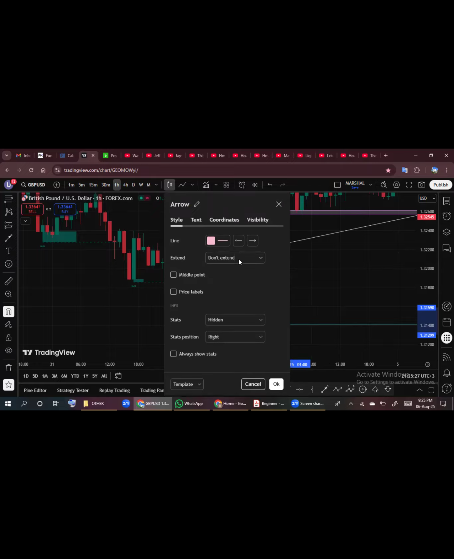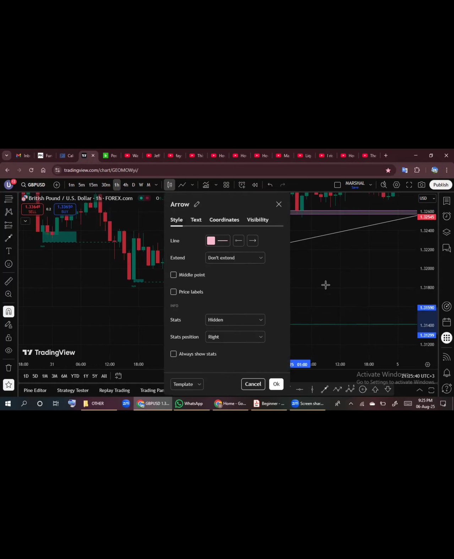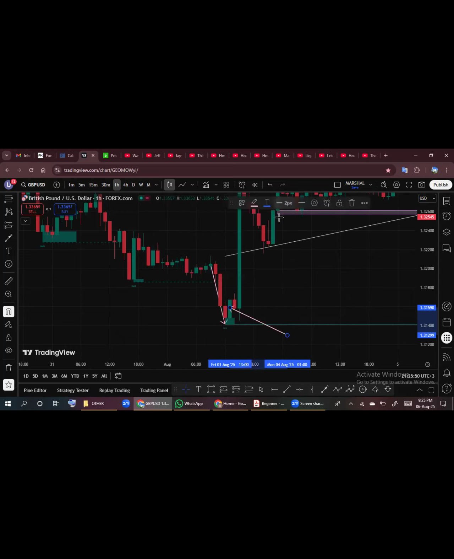Style now. Okay. Anyways, so this guy here is the bullish engulfing candle.